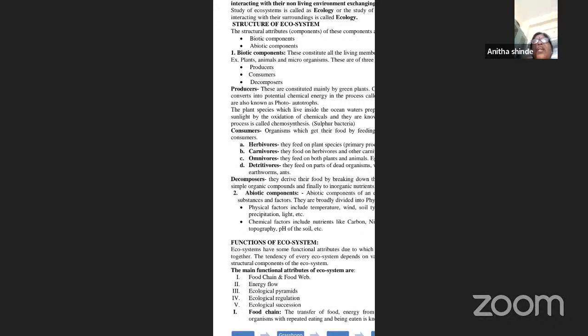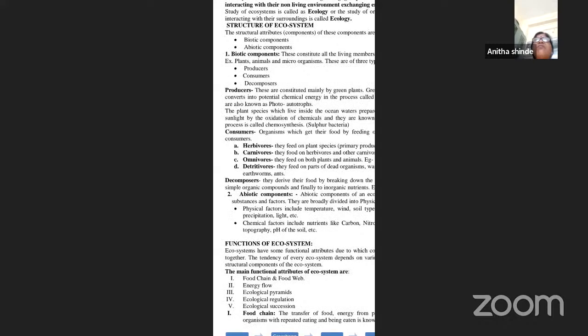But the species living in water, in the aquatic body, do not have sunlight, so they prepare their food by the oxidation of chemicals present in the water. Hence the process is called chemosynthesis, because they oxidize those chemicals and produce the food or the energy.